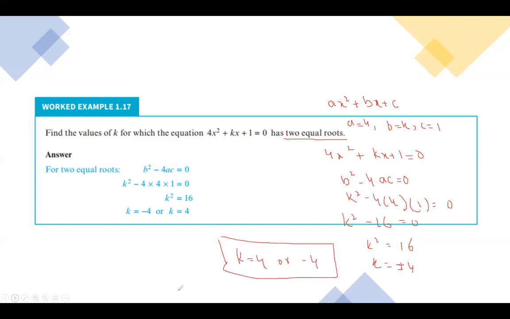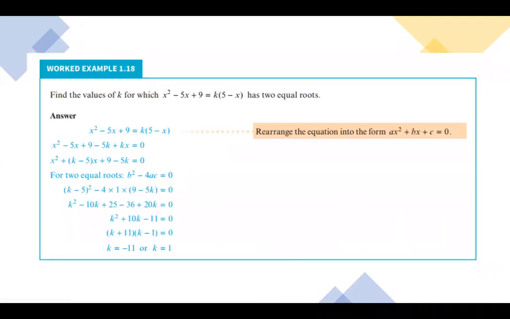Now, in the second part, x square minus 5x plus 9 equals k into 5 minus x, and both have two equal roots.